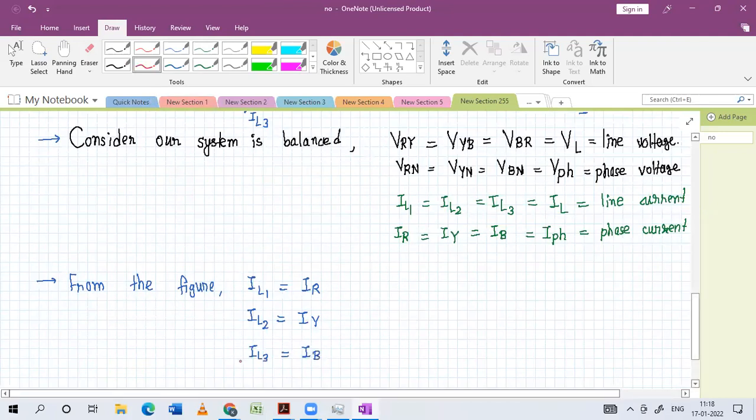Now tell me, what can you write IL1, IL2 and IL3 as equal to? IL1 is equal to IL2 is equal to IL3 is equal to line current. Yes or no?